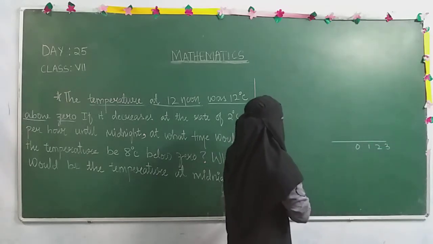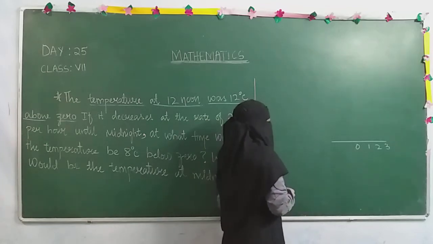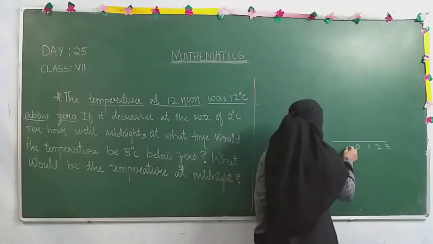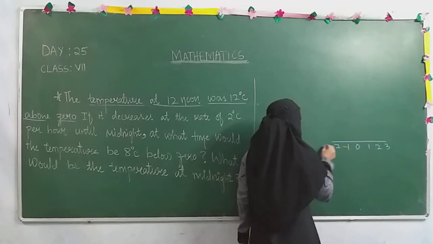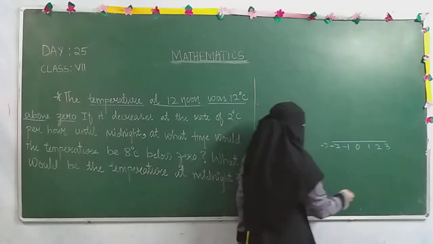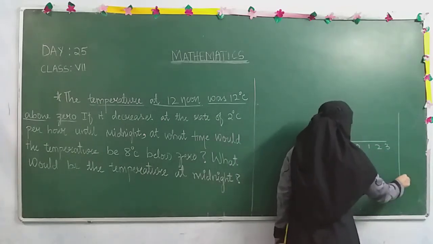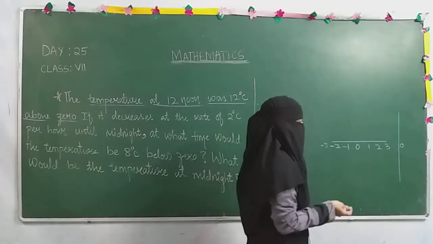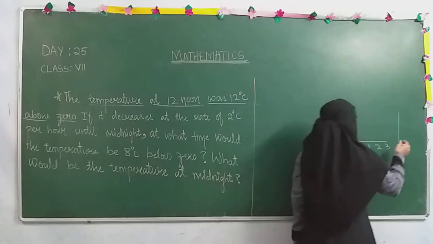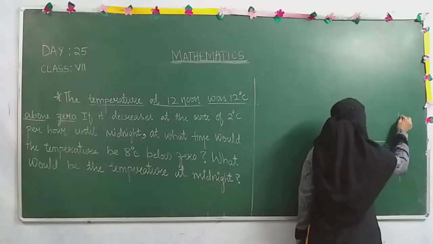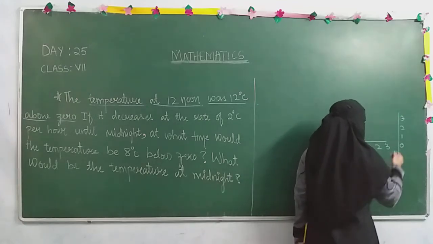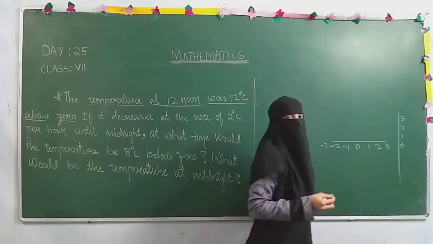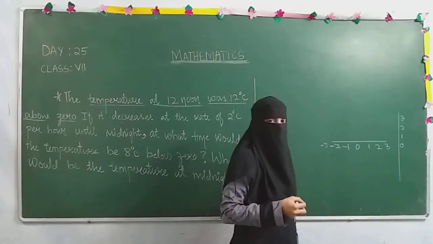Negative numbers lie on the left-hand side of 0: minus 1, minus 2, minus 3, and so on. Then this is the vertical representation. Suppose 0, then the numbers above 0 are positive 1, 2, 3, and the numbers below 0, where the term below means less.